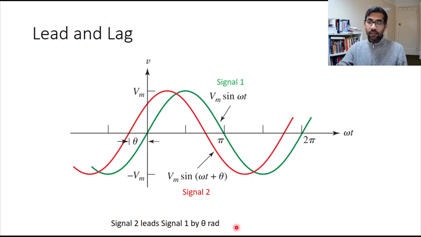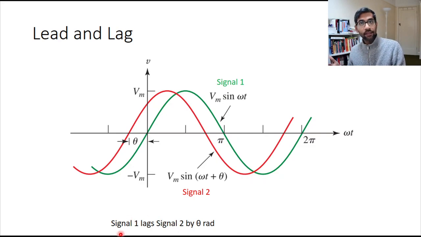Now, the same thing could be expressed by using lag, right? We can say signal 1 lags behind signal 2 by theta radians, or signal 1 lags signal 2 by theta radians. So lead and lag are opposite concepts. Okay.